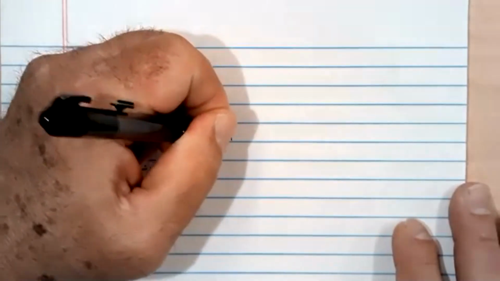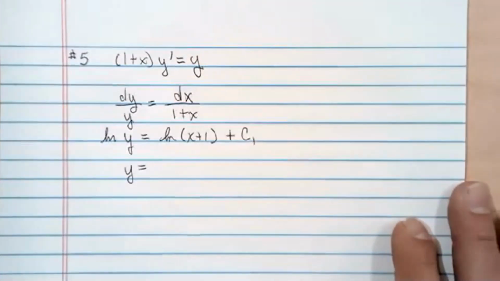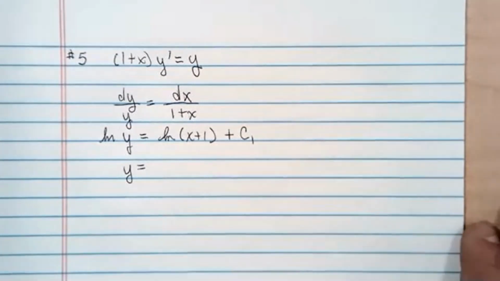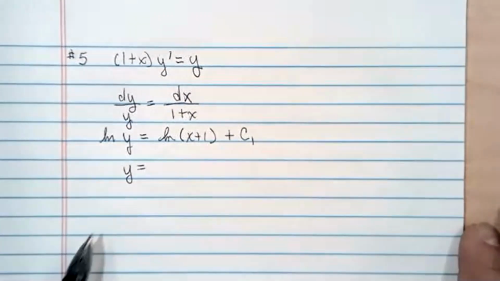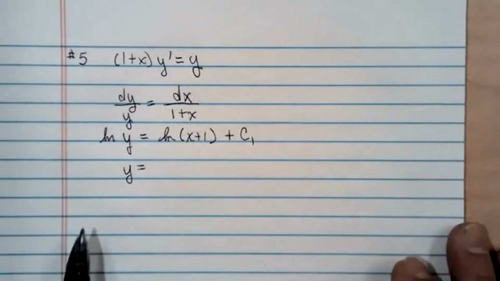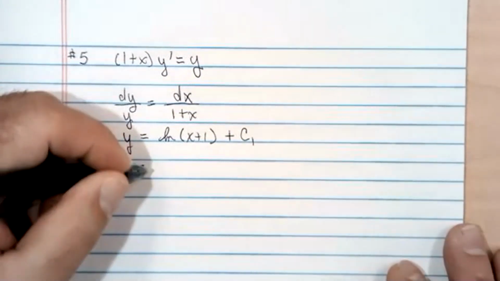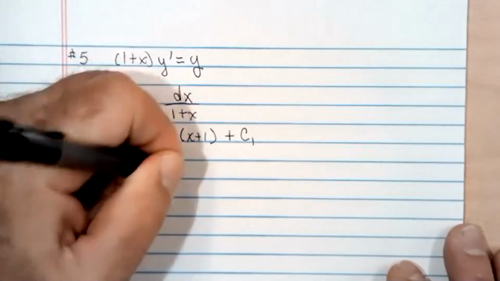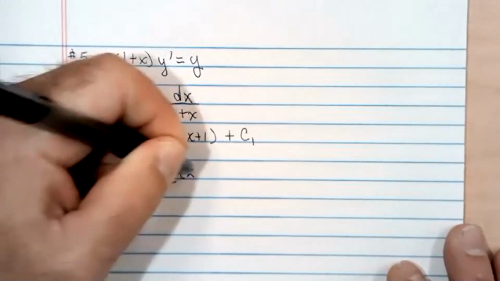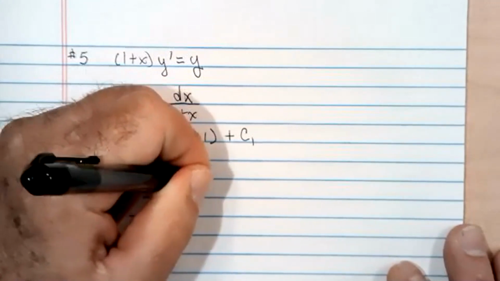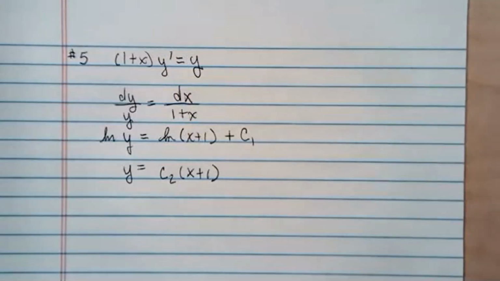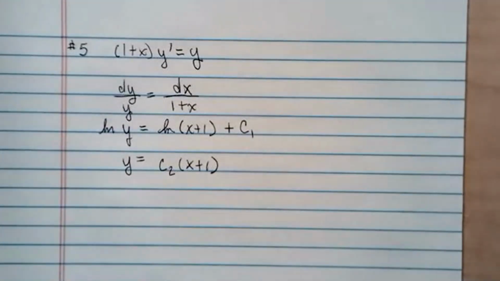Now, I should be just a little bit more careful here. I do have an additive constant there, right? And so if I'm going to fix this up, I'm taking the exponential of both sides. So that tells me I've got C2 times x plus 1. So that appears to be the general solution here.